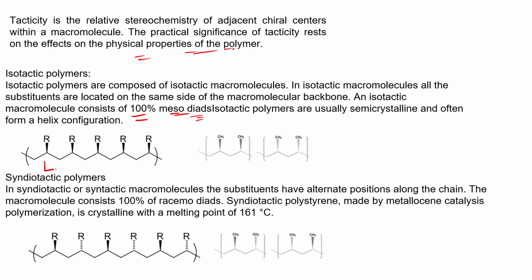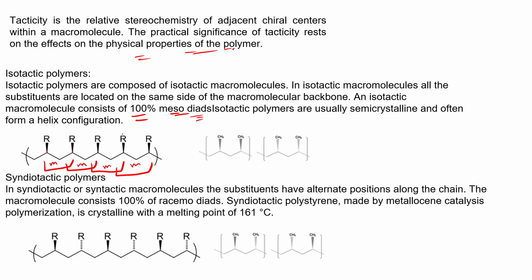What are diads? These two, like this way, we can call diads. They are meso because you have the same configuration, so the relationship between these two is a meso relationship. That's why they are called meso diads, and you are going to see 100% meso diads for isotactic polymers.